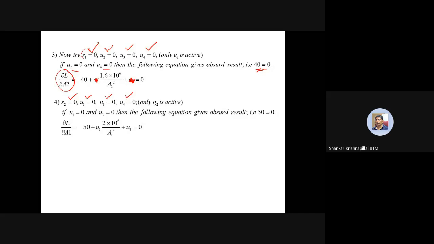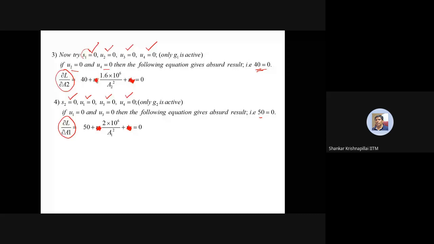Let us take the equation partial L by partial A1 equal to 0. So U1 is equal to 0, U2 is equal to 0, and this gives the absurd result that 50 equal to 0. So one by one you have to eliminate all these 16 combinations.